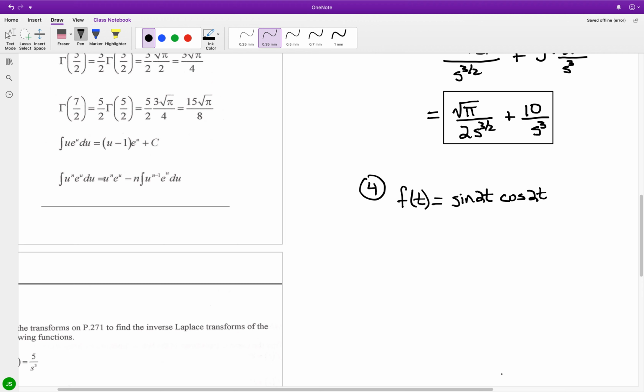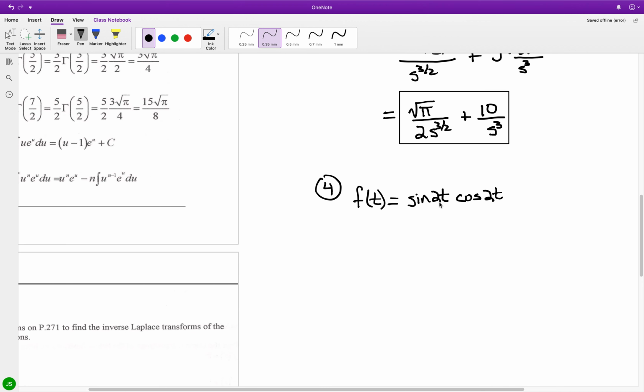Now, we cannot multiply the Laplace transform of sine and cosine of 2t, but with our double angle formula, we can say that sine of 2t, cosine of 2t would be half of the sine of 4t.